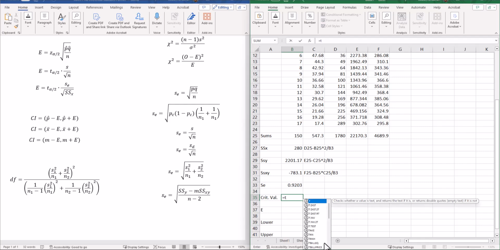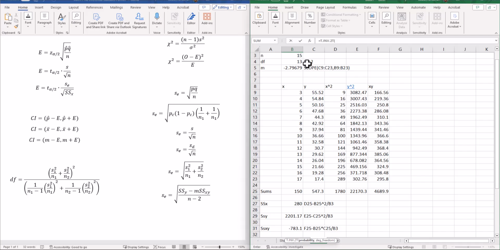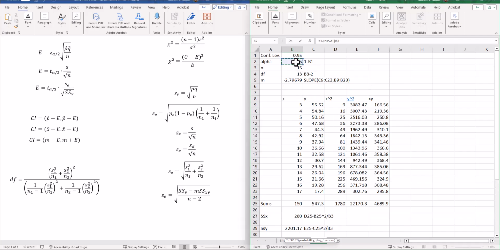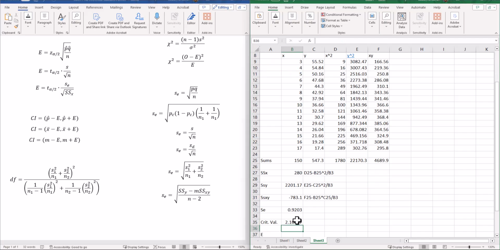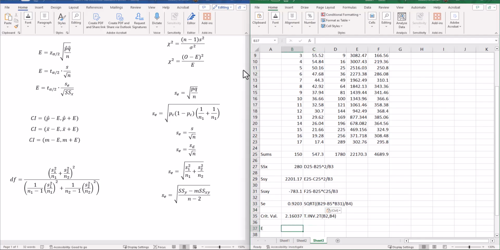Critical value, this is a t-inverse, it's two-tailed. We need our alpha and our degrees of freedom. Oops, forgot to copy these guys over. Showing my work here. Now the error is a little bit to it.